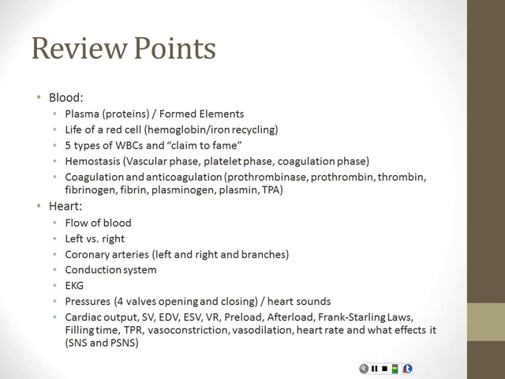So prothrombinase turns prothrombin into thrombin, and then thrombin turns fibrinogen into fibrin. Fibrin makes a clot. So that was all I wanted you to know about that big complicated cascade: prothrombinase, prothrombin becomes thrombin, fibrinogen becomes fibrin, fibrin makes a blood clot.